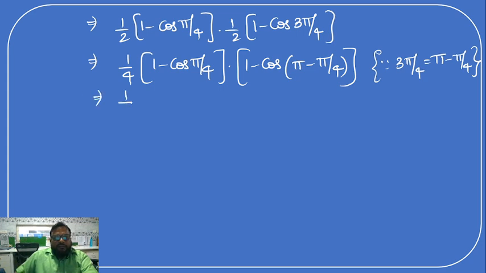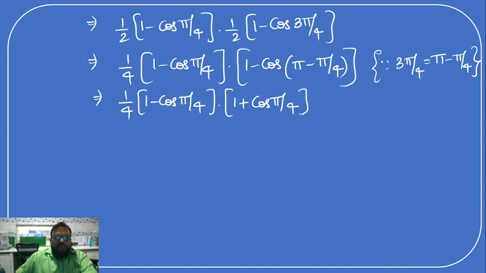So this will be 1/4 (1 − cos π/4) into, and again cos(180 − θ) will be minus cos θ. Already you have a minus outside, so this becomes (1 + cos π/4). So again it will be 1/4 (1 − cos θ)(1 + cos θ), which is (a − b)(a + b). So 1 − cos² π/4, that is 1/4 into (1 − (cos π/4)²). Cos π/4 is cos 45°, which is 1/√2, squared.